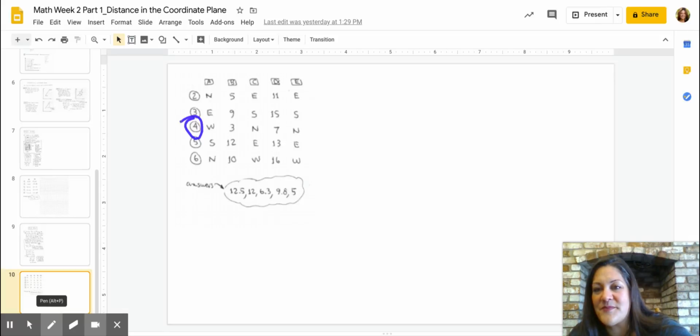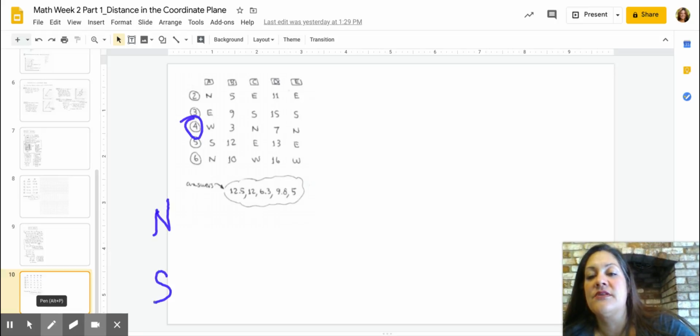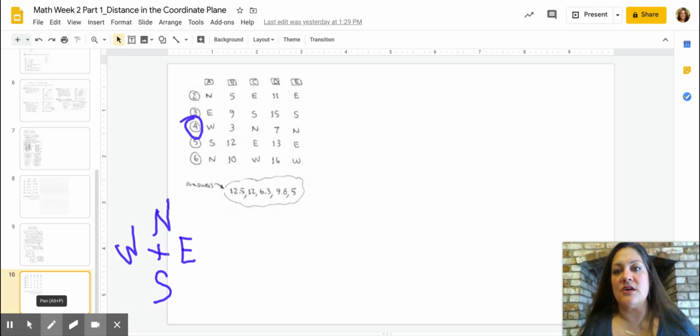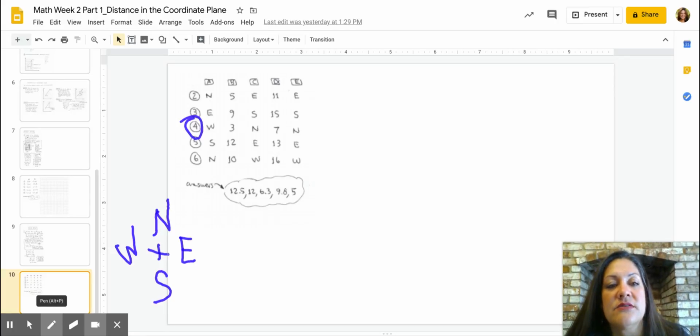Number 4. All right, we'll do a blue triangle. Let's do our little compass rose. North, south, east, and west. First thing we're going to do is the bird is flying west and then north. Here's where it starts.